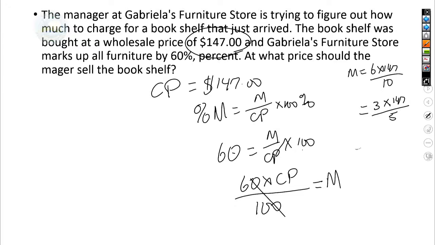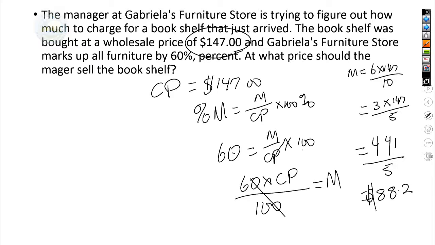So let's just work that out real quick. 7 by 3 is 21. 4 by 3 is 12. And 2 is 14. And 1 by 3 is 3. And 1 is 4. 441 over 5 is 88.2. So that's how much it was marked up by.